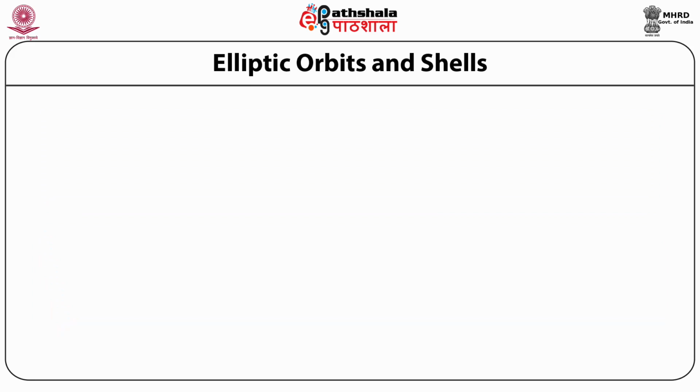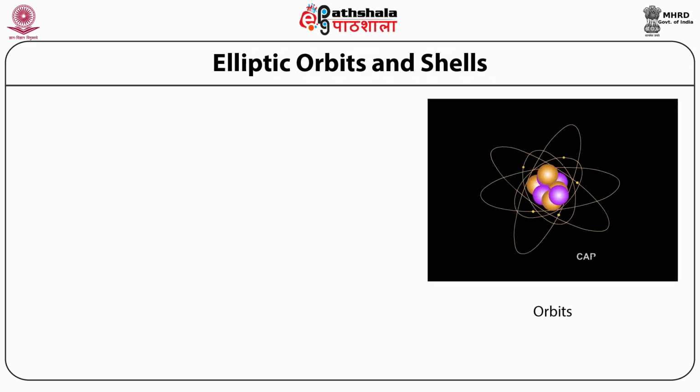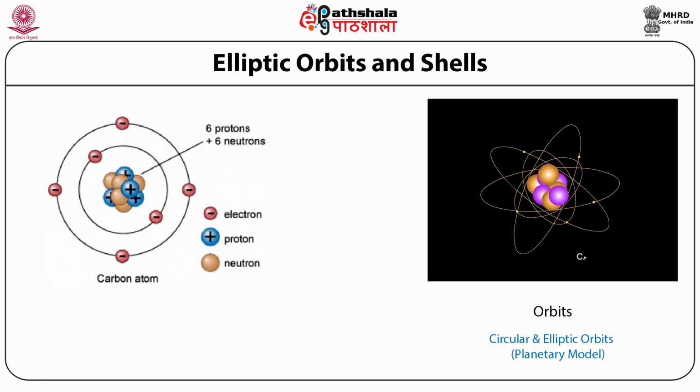This shows the atomic orbits, circular and elliptical, in the case of the carbon atom on the right, and you can see the shells on your left, for the same carbon atom.